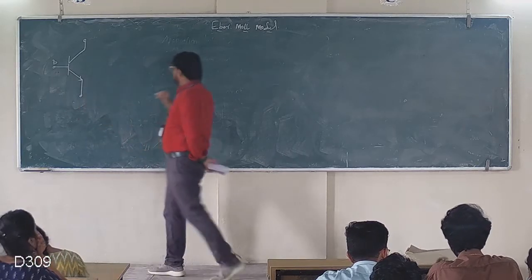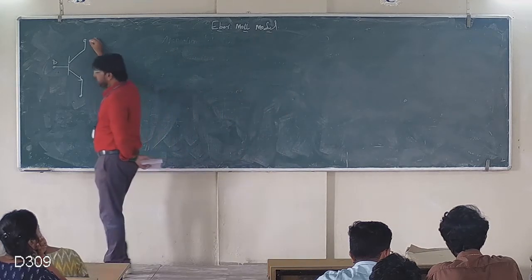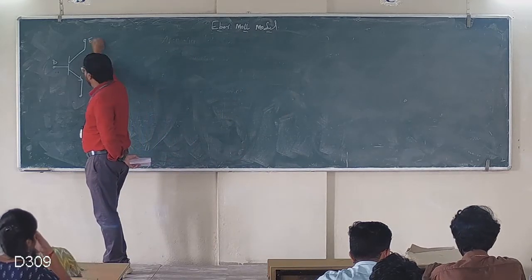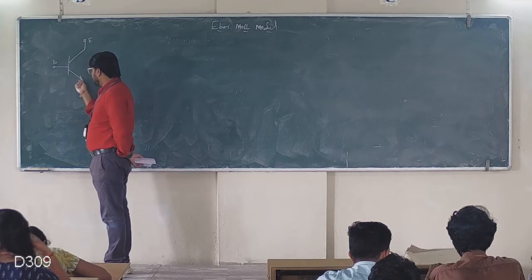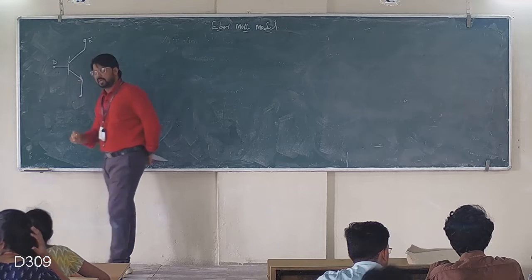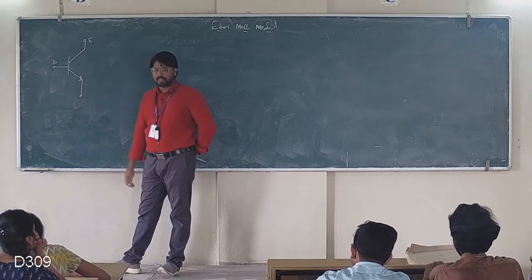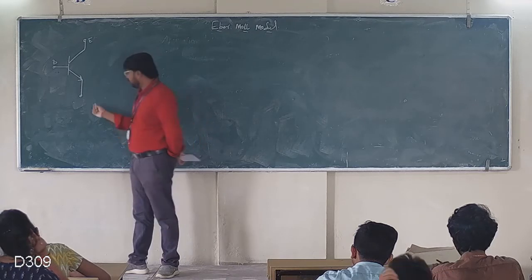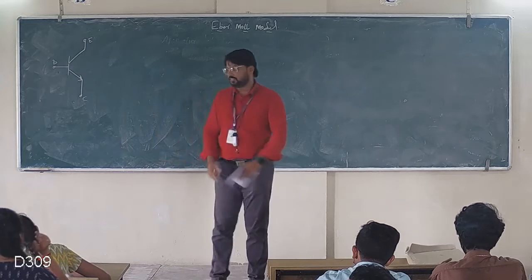But in the Ebers-Moll model, we are going to interchange. Usually the arrow mark insists the conventional current direction and that particular point always shows emitter, but here we interchange emitter into collector. This is the fundamental understanding.